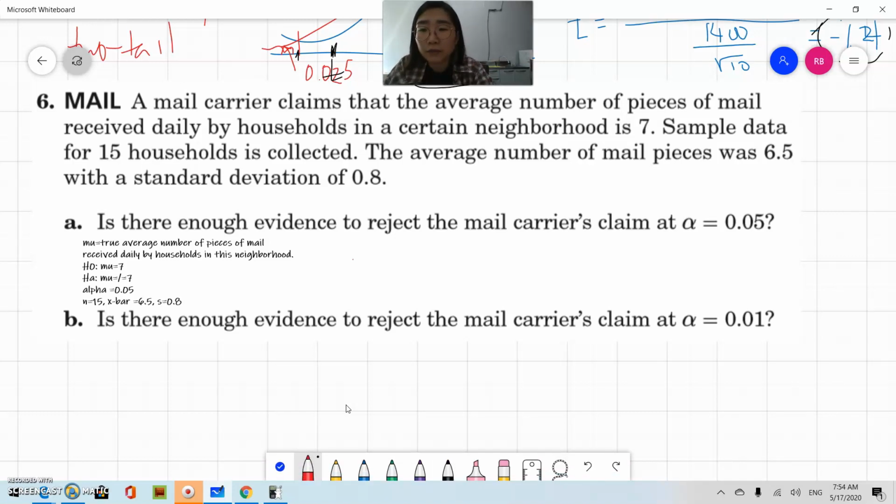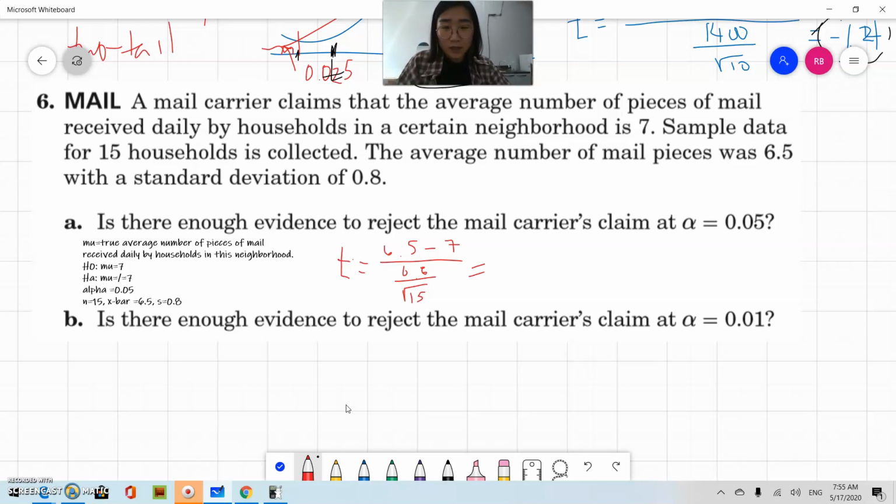So then we need to find t again because my sample size is small. And so t is equal to 6.5 minus 7 divided by 0.8 divided by square root of 15, right? The standard error. So we have to calculate that on the calculator first.